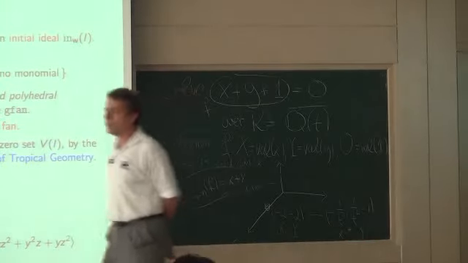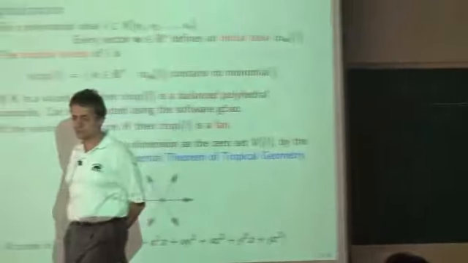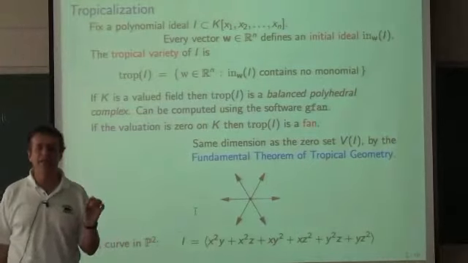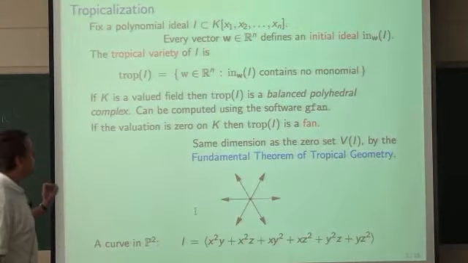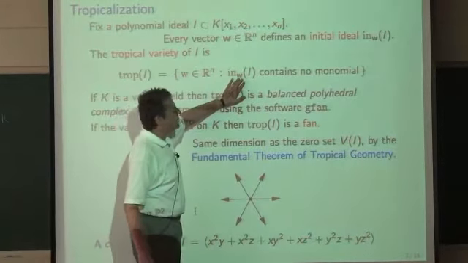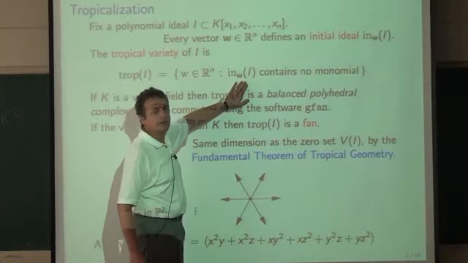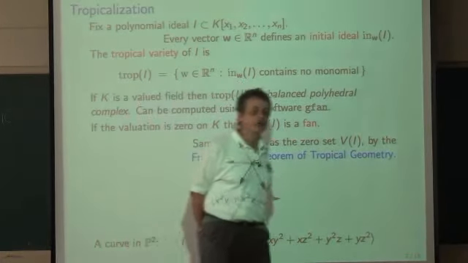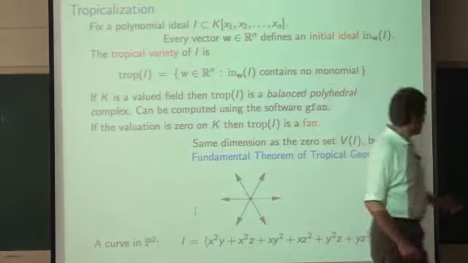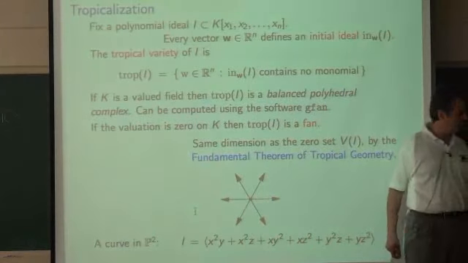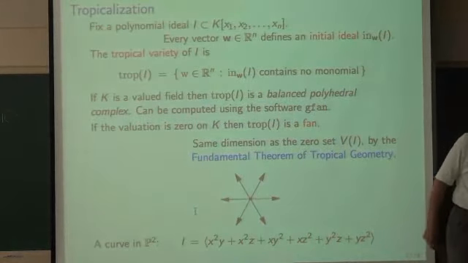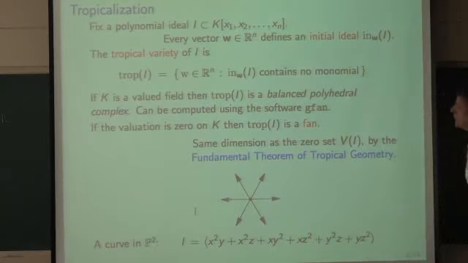So the tropical variety of my ideal, of my system of equations, is the set of all weight vectors w in R to the n, such that the initial ideal contains no monomial. Okay? That's the definition of the tropical variety. So this one, x plus y, is not a monomial, so therefore this half ray is in the tropical variety.